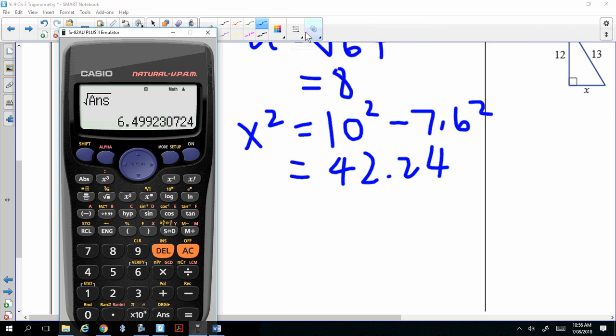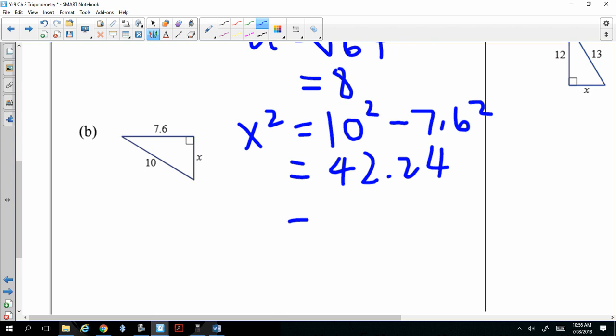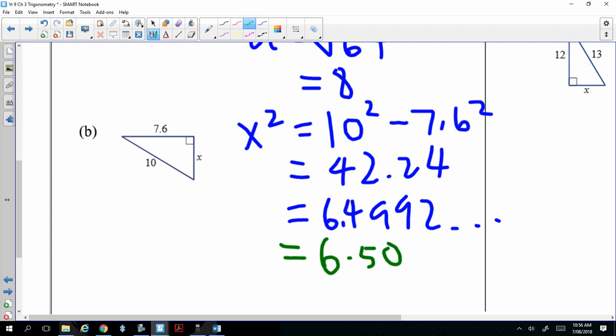Now, how do you round that to 2 decimal places? It would be 6.50, because you have to add 1 to the 49, that becomes 50.